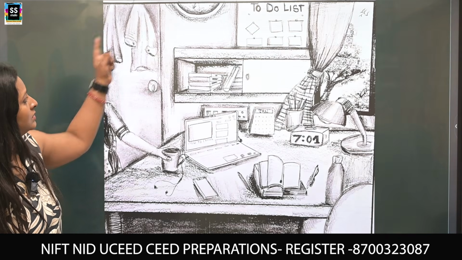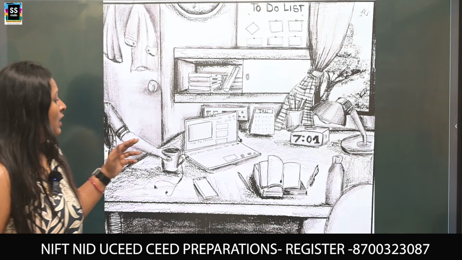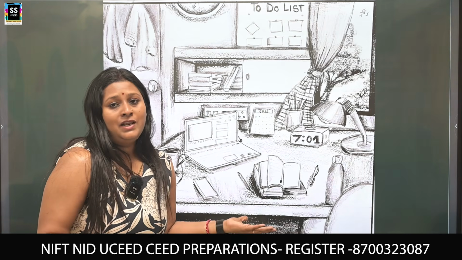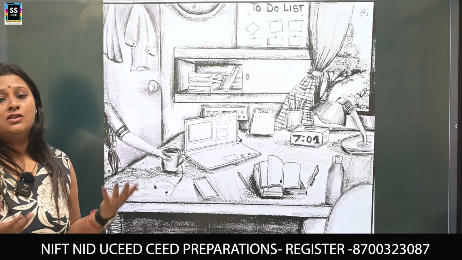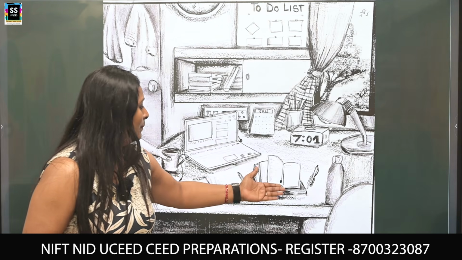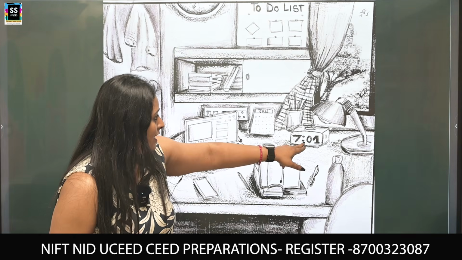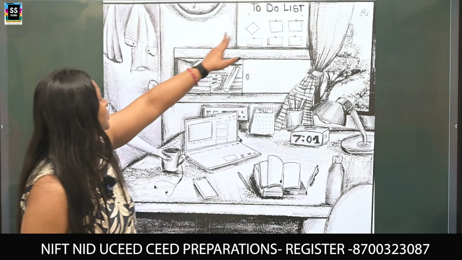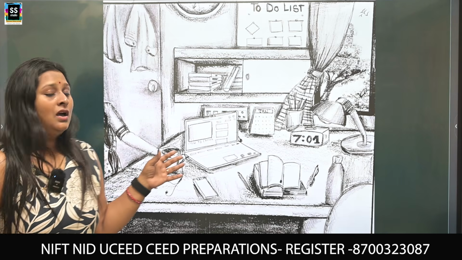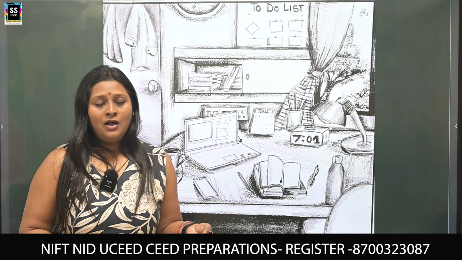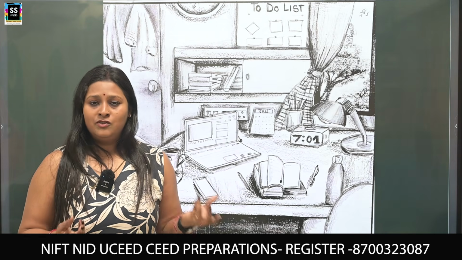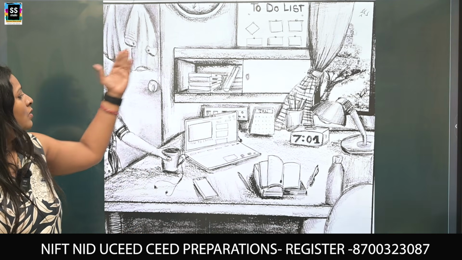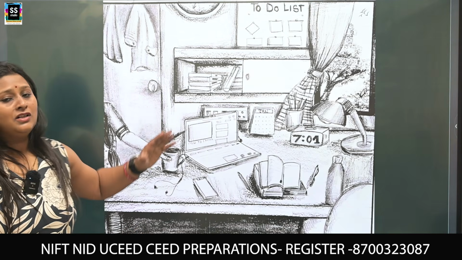Moving forward, again, this is one of the compositions where the table has been shown, and that's again in the working mode. The laptop, the pens, the books, the time, the lamp, the curtain, the to-do list. This could be a working table or a study area, and see how nicely that has been composed.